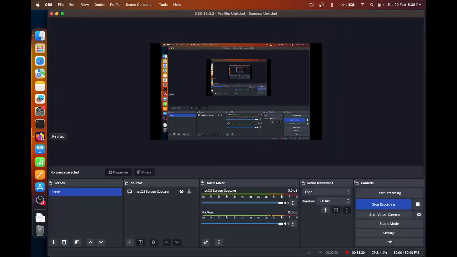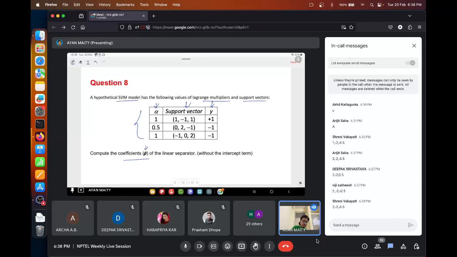Sreni is saying 2, minus 2, minus 0.5. Same answer. But Aditya is saying 1, 1.5, minus 1. Lakshmi is saying 0, minus 2, minus 0.5.